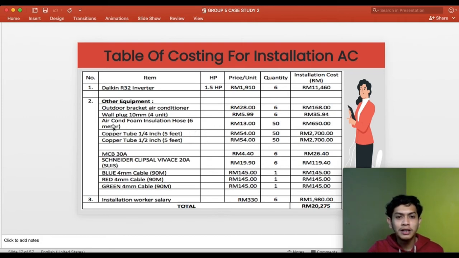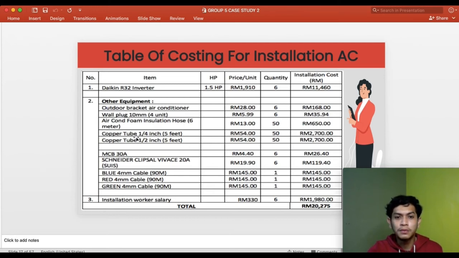And then the aircon foam insulation hose. Okay, so insulation hose is, if you see the aircon, you see a black colored hose. So the hose is to protect the copper tube. So the total cost is 650.